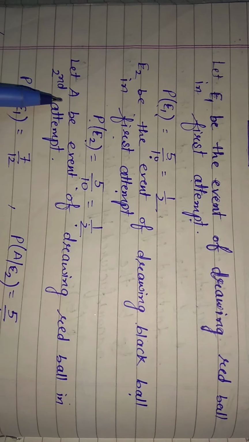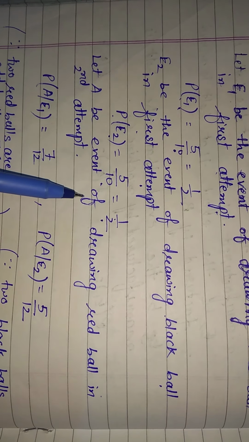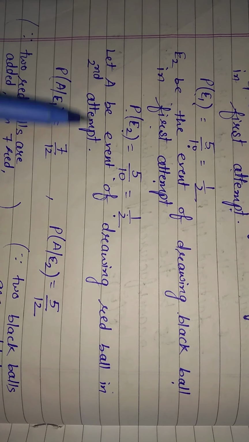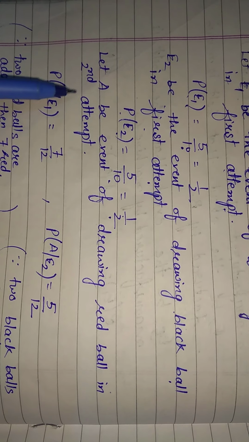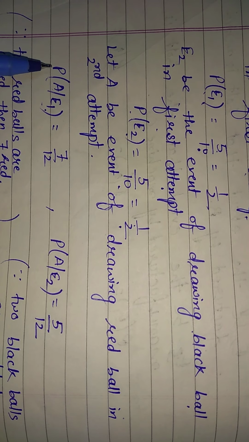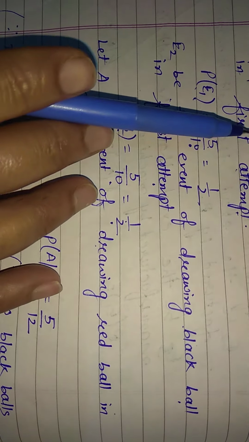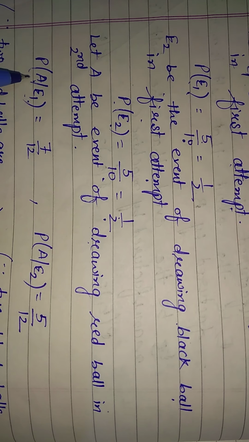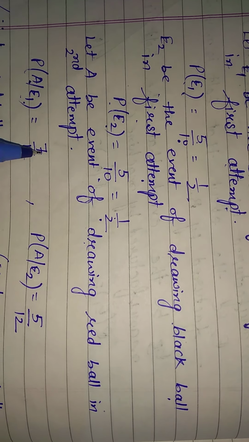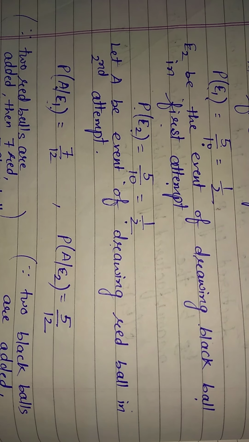Now we have to find out a red ball in the second attempt. So let A be the event of drawing a red ball in the second attempt. So what is the probability of A given E1? A given E1 means second red ball when the first is red. So if the first is also red, then we will put 2 red balls in it.